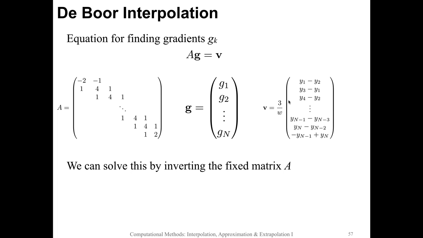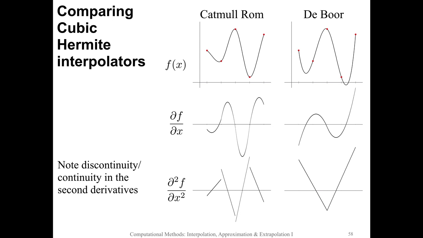Then when we observe our data we can calculate our V vector, pre-multiply it by the inverse of A, and that will give us our gradients G. And as we've seen before, once we've obtained our gradients for all of our data, we already have our y values that we've observed, then we can use the Hermite basis functions to define an interpolating function for each of our intervals, so we can get our piecewise interpolating functions over our whole data range, and we have a smooth cubic interpolating function.